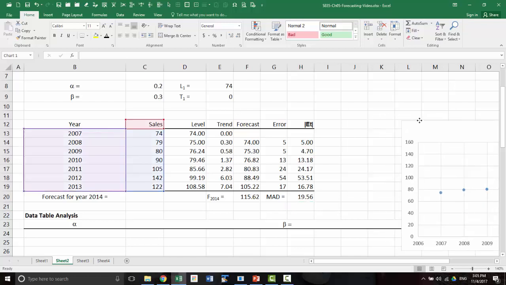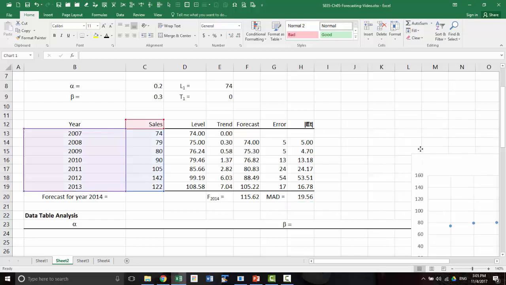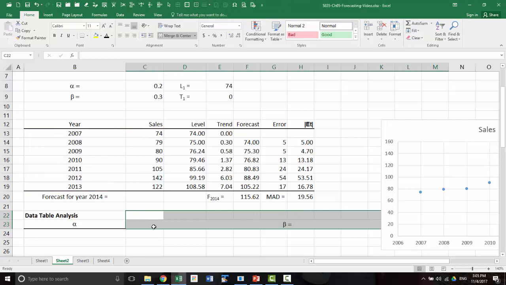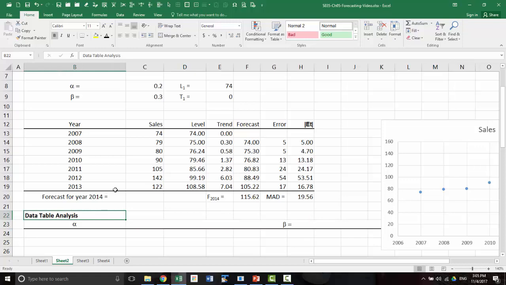So now we have the model set up. The next step is to do analysis with the model.